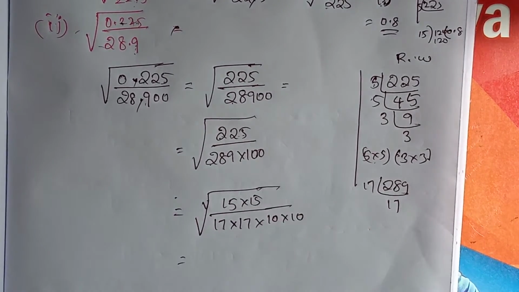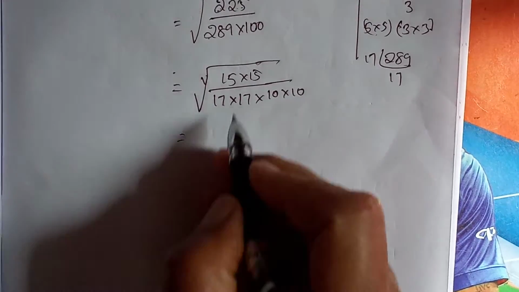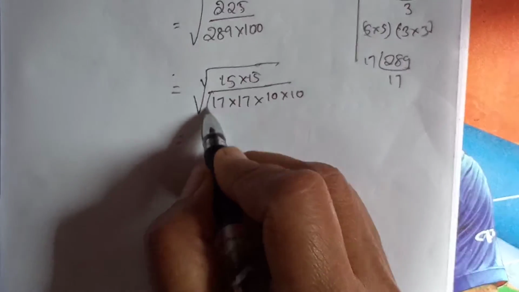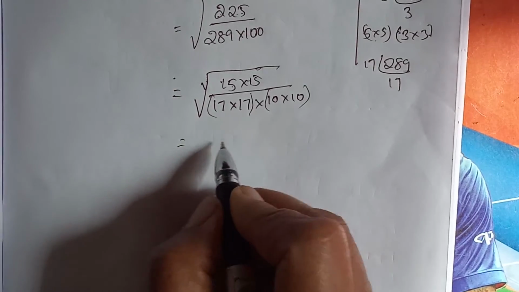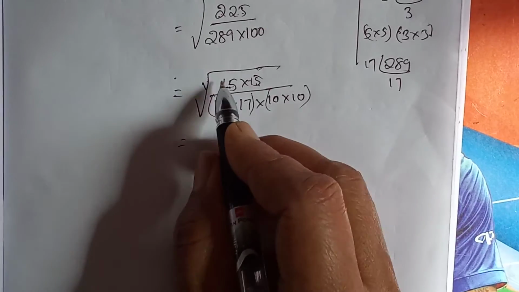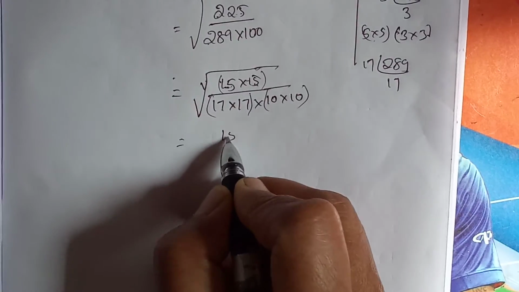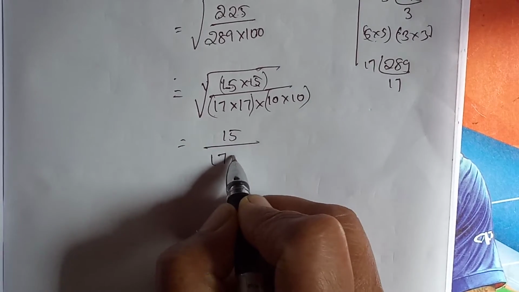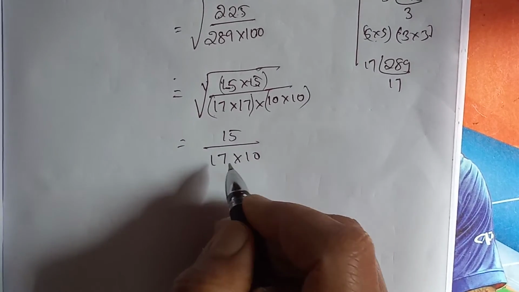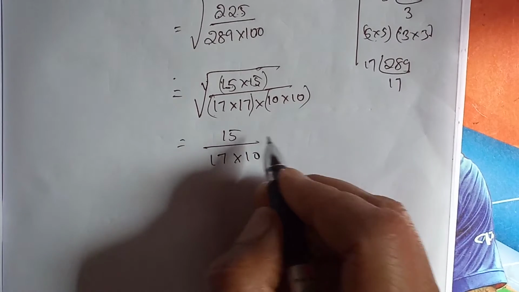Now this is square root of 15. Now put them in brackets. Square root of 15 into 15 means 15, and here 17 into 10.